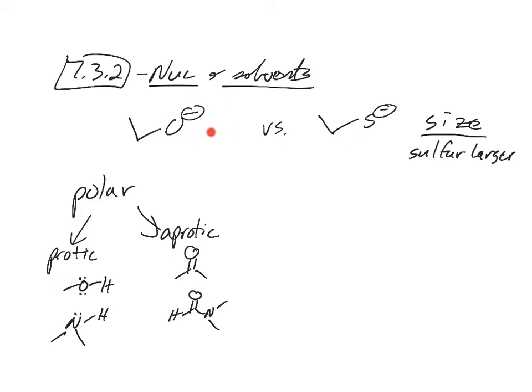We don't want our nucleophiles interacting with the solvent. We want our nucleophiles interacting with the electrophile. Whether, in this case, it's E2 or SN2, whichever one we're doing, we don't want this messing with the solvents. So which one of these types of solvents is going to interact most with these nucleophiles? It's going to be the protic ones.